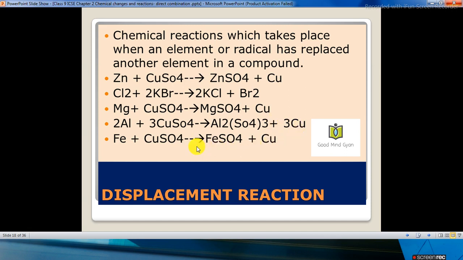And in the fifth one, ferrous sulfate FeSO4 is formed and copper is displaced. So these are the displacement reactions, where you can see that the ability of an element to displace another is determined by its relative position in the electrochemical series.